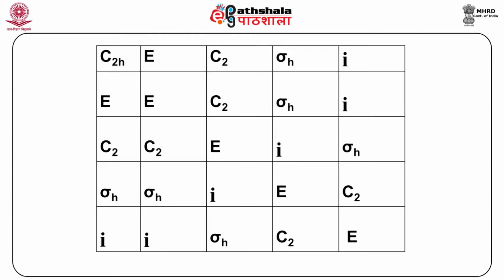Let us now construct the group multiplication table of the C2h point group using the corresponding matrices for the symmetry operations. The group multiplication table for C2h in terms of products of symmetry operations is given, which gives the various entries under E, C2, sigma h and I. Now, let us take various symmetry operations and their products and verify our result.